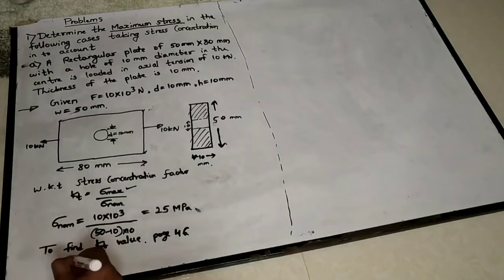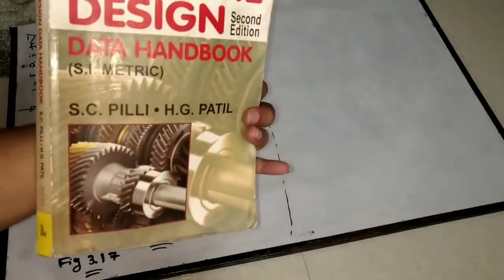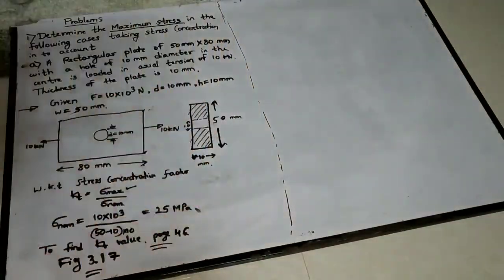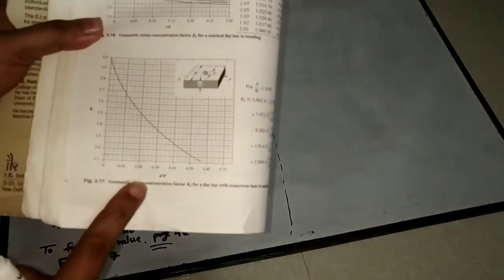In that you have to refer to figure 3.17. Everyone go to page number 46. This is the H.G. Patil data handbook we are using. So in that data handbook, all of you go to page number 46.